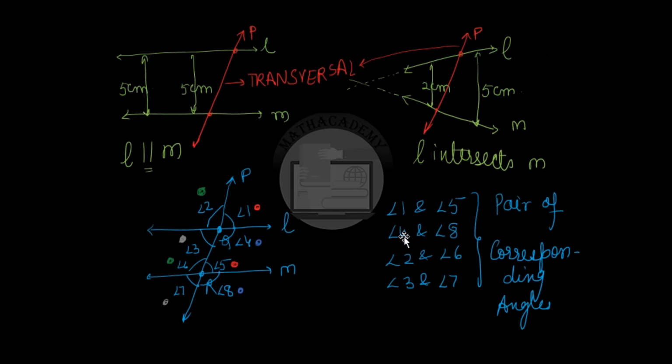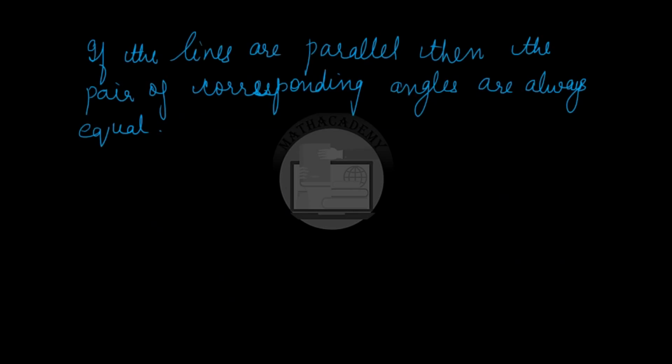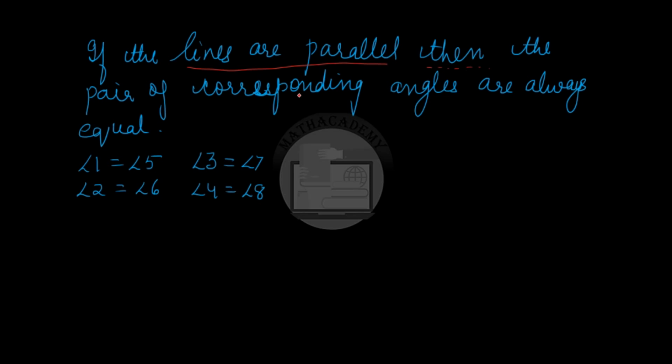Okay, so if you look at the previous example, these are the pair of corresponding angles, and since the lines are parallel, we see that they will be equal. So angle 1 will be equal to angle 5, angle 2 will be equal to angle 6, angle 3 will be equal to angle 7 and angle 4 will be equal to angle 8. And please remember, it happens only when the lines are parallel. Only when the lines are parallel, then only the corresponding angles are equal.